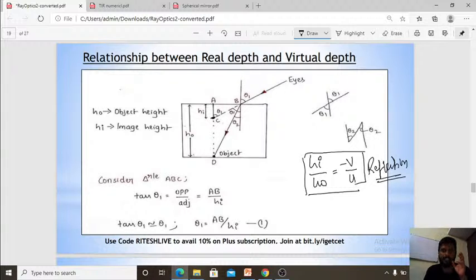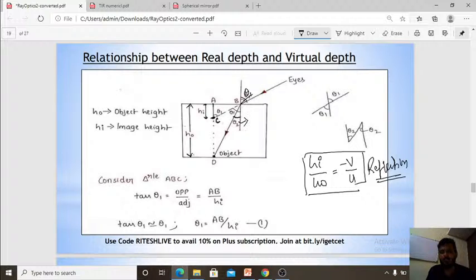So I will take that point as C, and that distance is nothing but the image height. Object height actually is the actual height, object height h naught. So see here, these are the different terms I have given, and the incident angle is theta 1, and the refracted angle is theta 2.